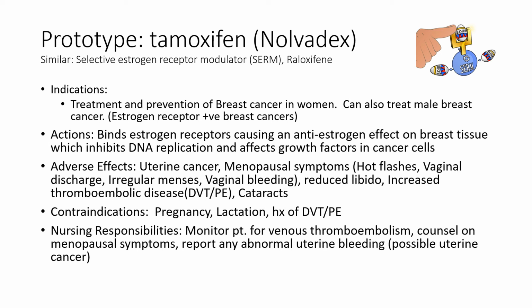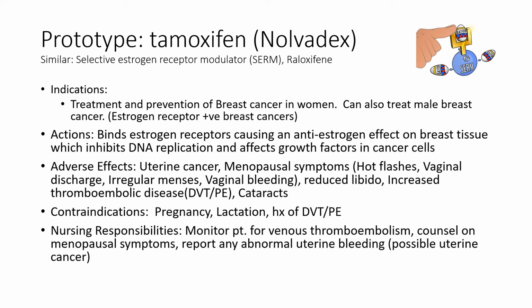So let's go on to tamoxifen. We're still in the hormonal group. Tamoxifen is an anti-estrogen. It's in a group called selective estrogen receptor modulators. Okay, that's a long term. But basically at the breast, this is a drug used for breast cancer. So how does it work?